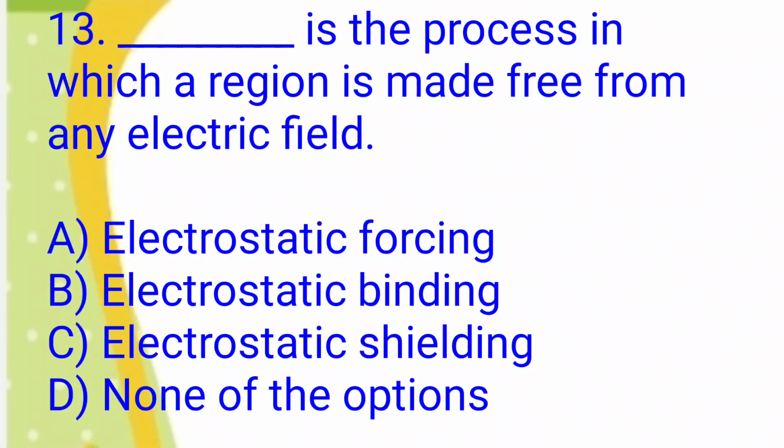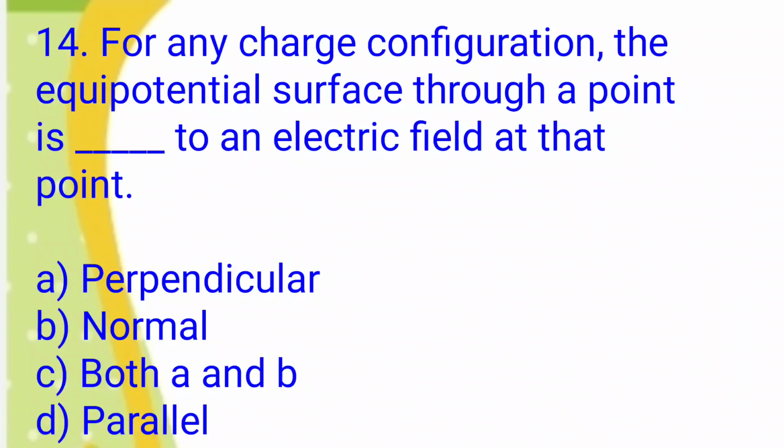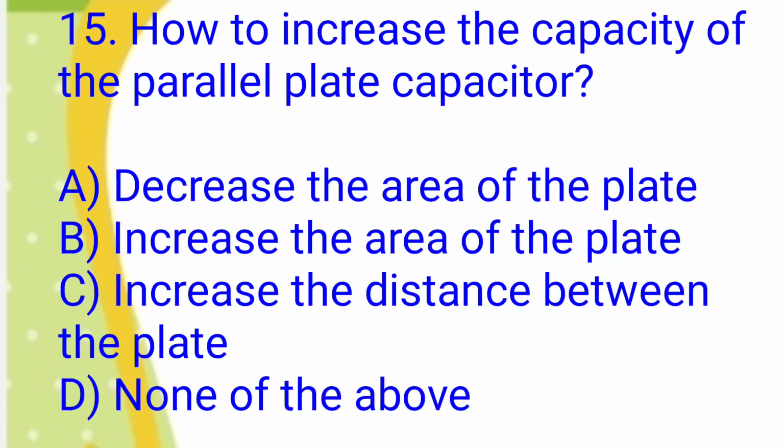Dash is the process in which a region is made free from any electric field. That is electrostatic shielding. For any charge configuration, the equipotential surface through a point is dash to the electric field at that point. Parallel is the correct option.